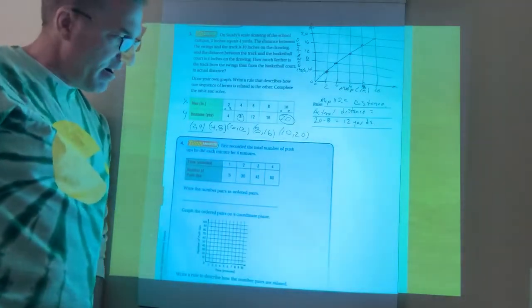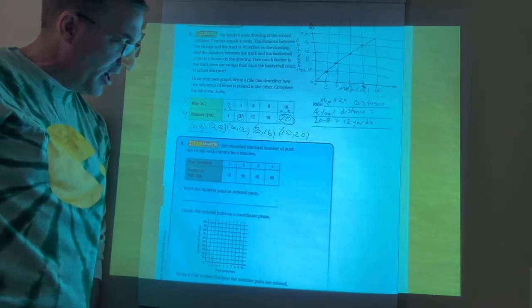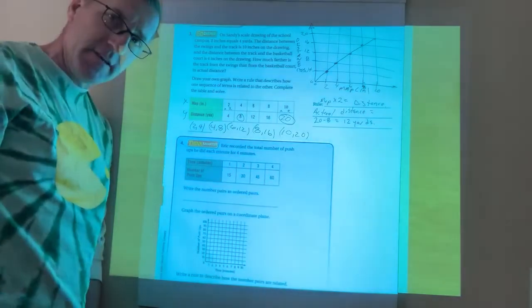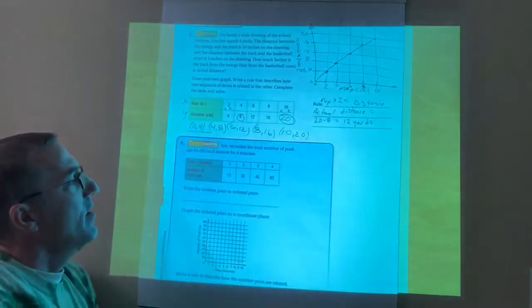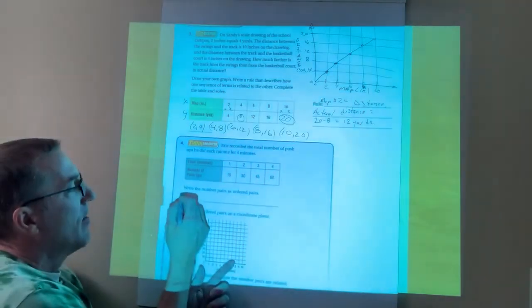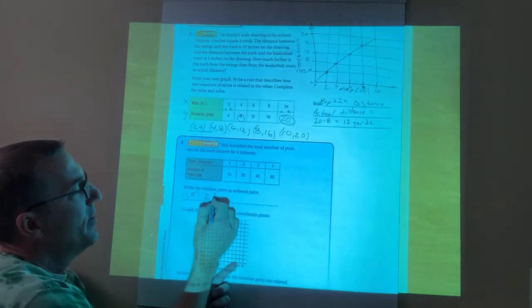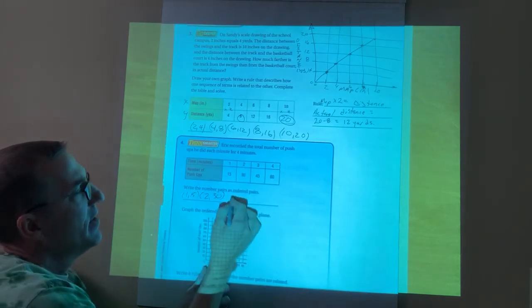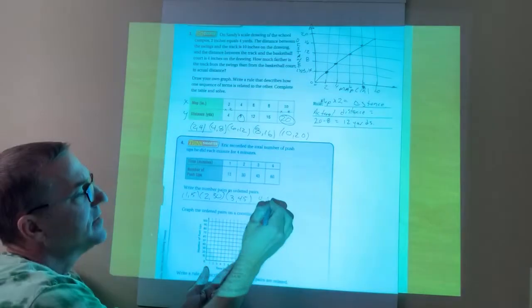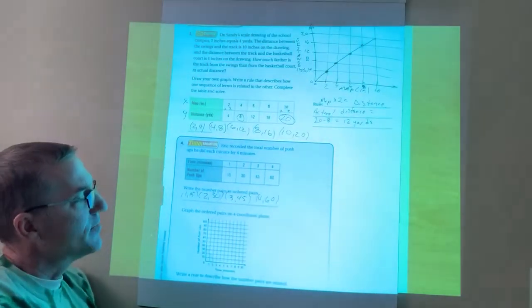Take a look down here. Eric recorded the total number of push-ups he did each minute for 4 minutes. So, write my ordered pairs. I've got 1, 15, 2, 30, 3, 45, and 4, 60. So those are my ordered pairs.